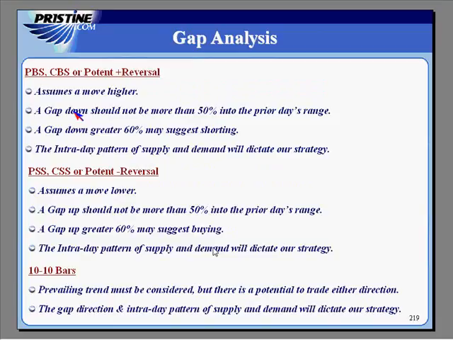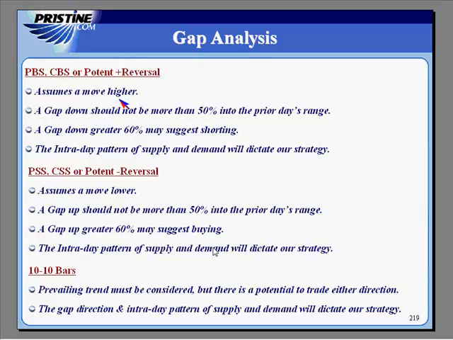We're going to start with our buy setups: PBSs, climactic buy setups, or potent reversal bars. And that assumes that prices are going to move up. So if it should gap down by chance, we don't want a significant gap down.